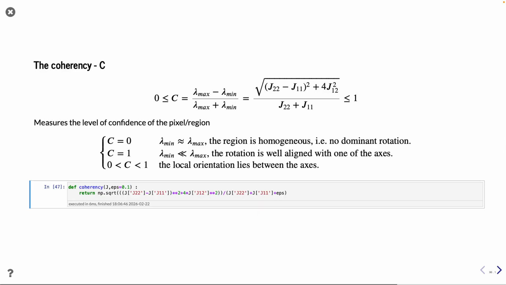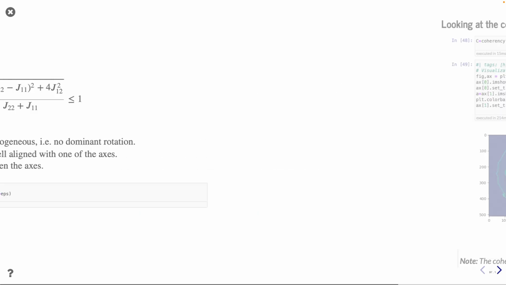That is a flat region without any structure in it. If it goes towards 1, then we start to have a very distinct orientation in it. And of course, as these values are not discrete, we have a local orientation that is between these axes.